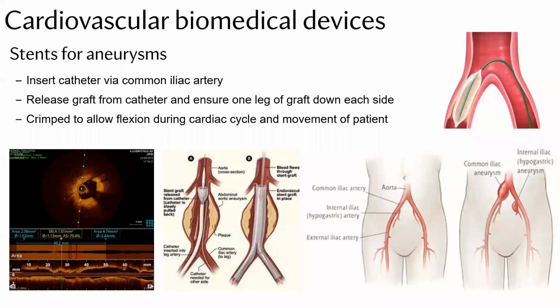So again, looking at stents that are used for aneurysms, this is a video I promised you, and this is how they look at OCT images in terms of the cross-section of the blood vessel.